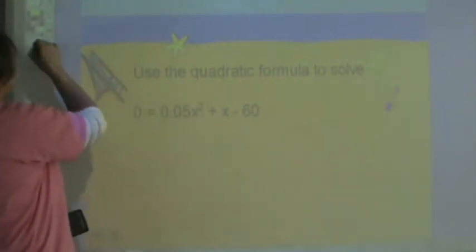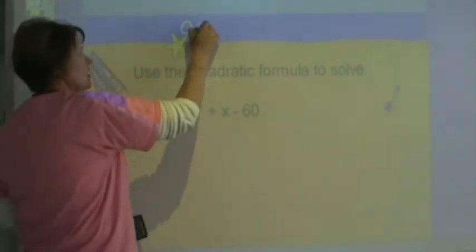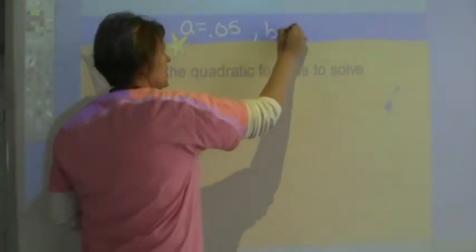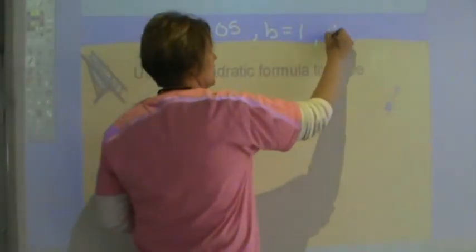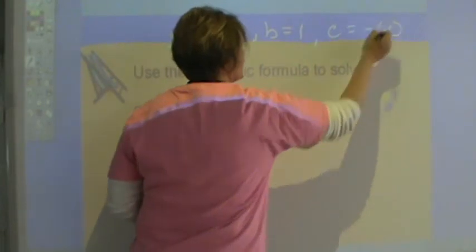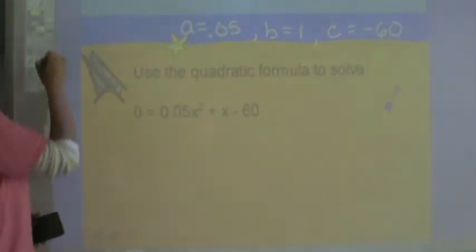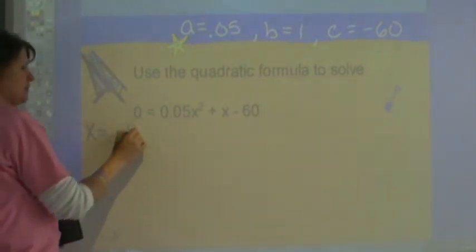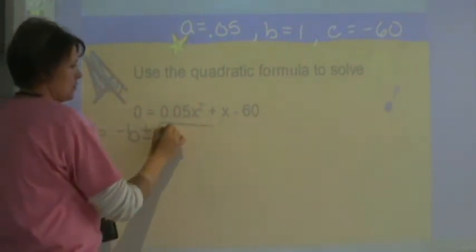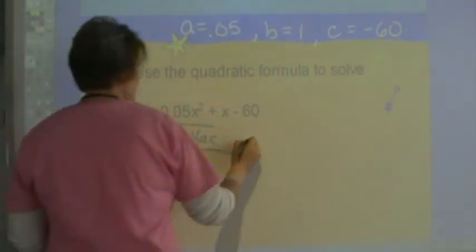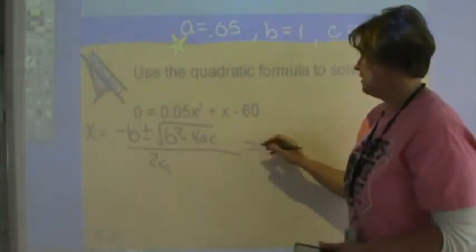Okay, let's try another one. In this one, we'd identify our a, b, and c. A is 0.05, b is 1, and c is negative 60. So the opposite of b plus or minus the square root of b squared minus 4ac all over 2a. The opposite of b is negative 1.